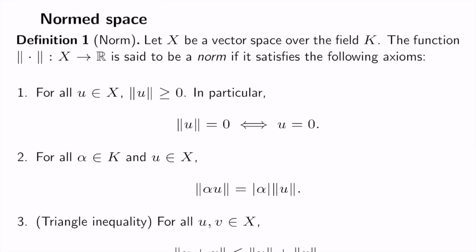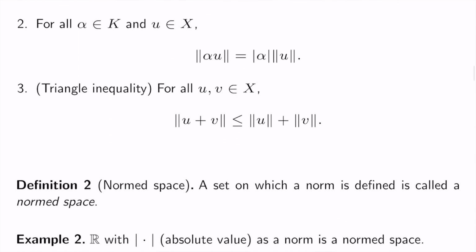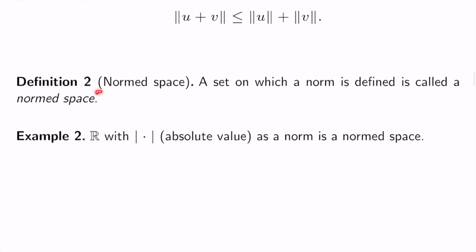Based on this notion of the norm, we can define the normed space as a set on which a norm is defined. So, the usual vector space, where we can define a norm as the length of a vector, is a normed space. And possibly the simplest example is this.